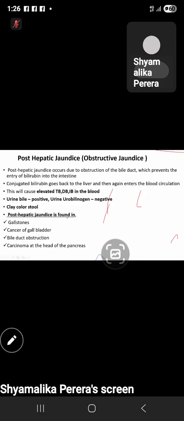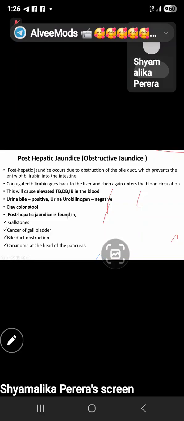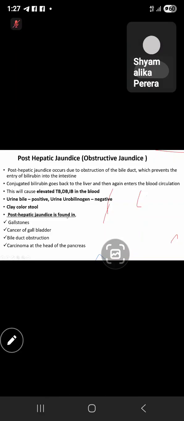So at that time, the produced bile tries to reflux. As I told you earlier, once conjugation has happened, the bile produced from the hepatocytes comes through the biliary canaliculi. Those are small capillary systems which excrete the produced bile from the liver. If something blocks, this bile tries to flow back through the biliary canaliculi.